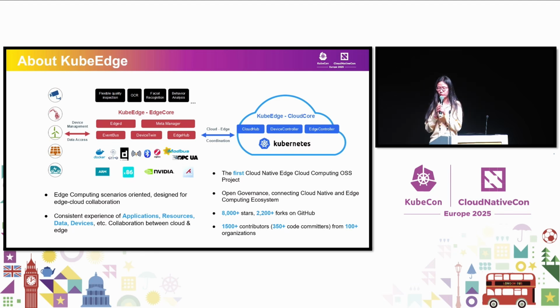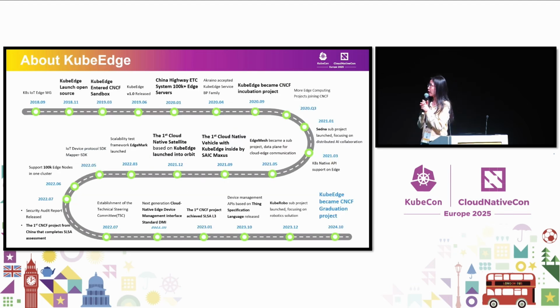For now, we have more than 8,000 stars and 2,200 forks on GitHub, with more than 1,500 contributors from more than 100 organizations worldwide. And this is an overview of KubeEdge's journey.